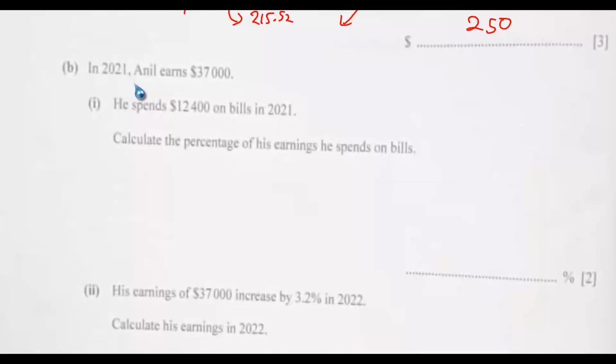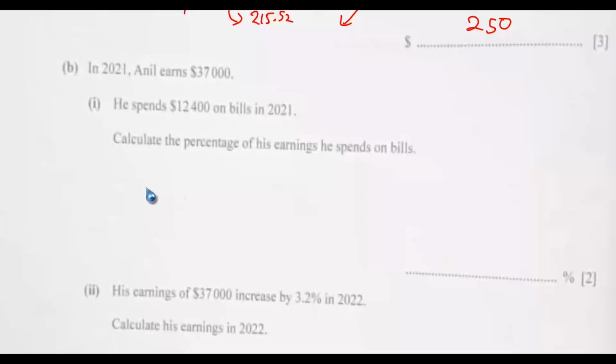In 2021, Anil earns $37,000. He spends $12,400 on bills in 2021. Calculate the percentage of his earnings he spends on bills.